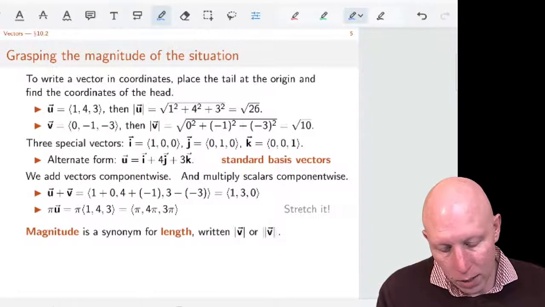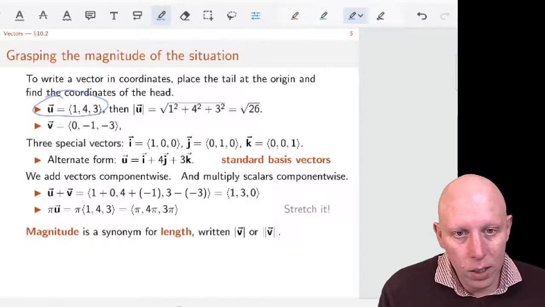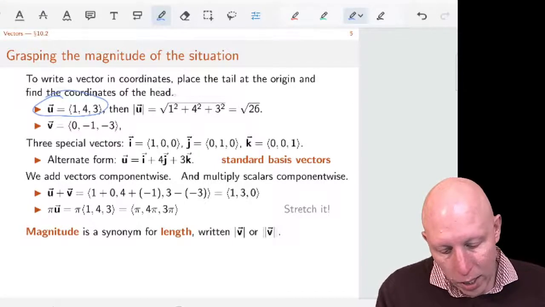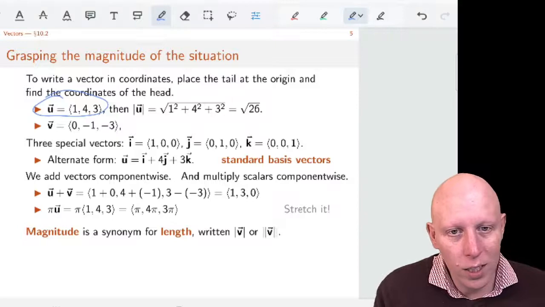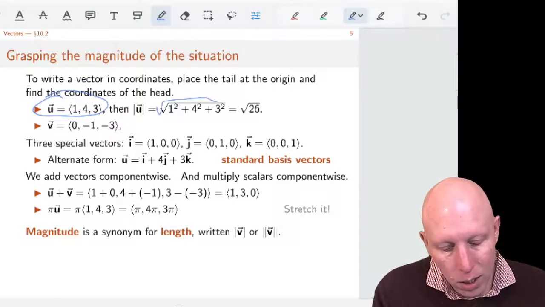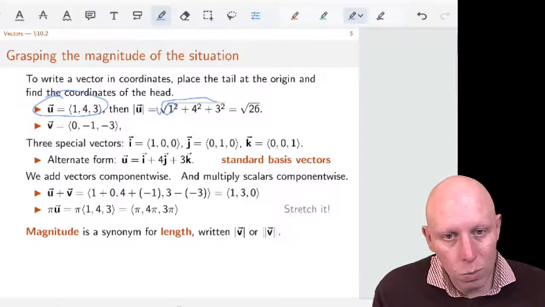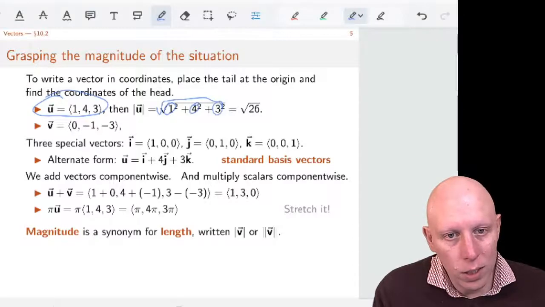The magnitude of the vector u is the distance from 0, 0, 0 up to 1, 4, 3, the length. So you can always calculate it by taking the square root of the first component squared plus the second component squared plus the third component squared.